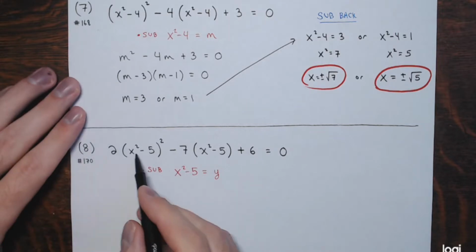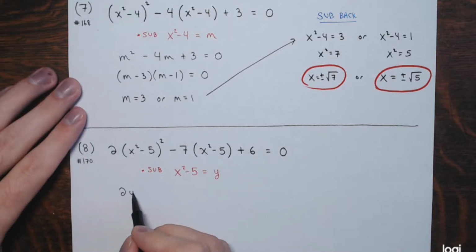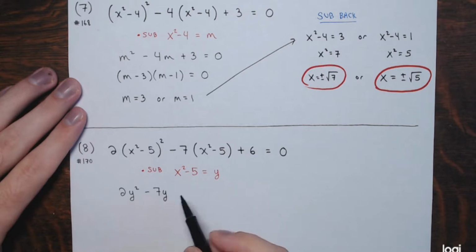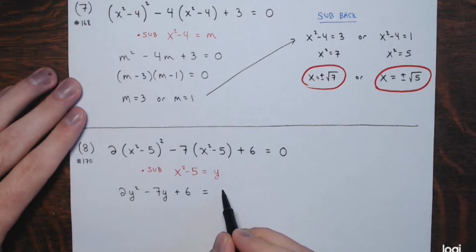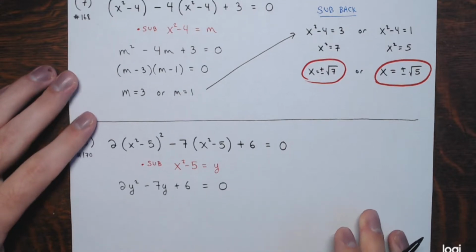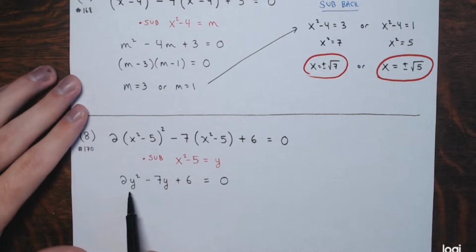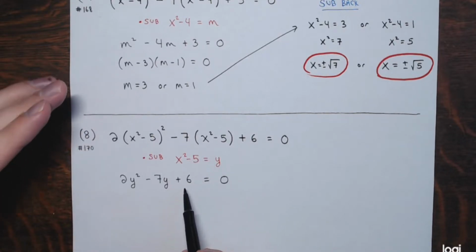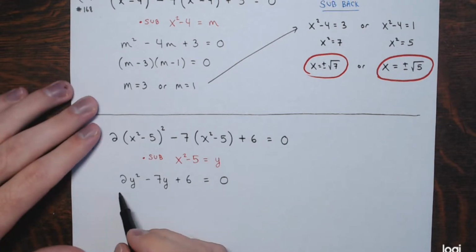So now this becomes 2 times y squared minus 7 times y, and then plus 6 equals 0. And yet again, we have a nice factorable polynomial. Now again, you can use the quadratic formula to solve for y if you want, but this does factor.